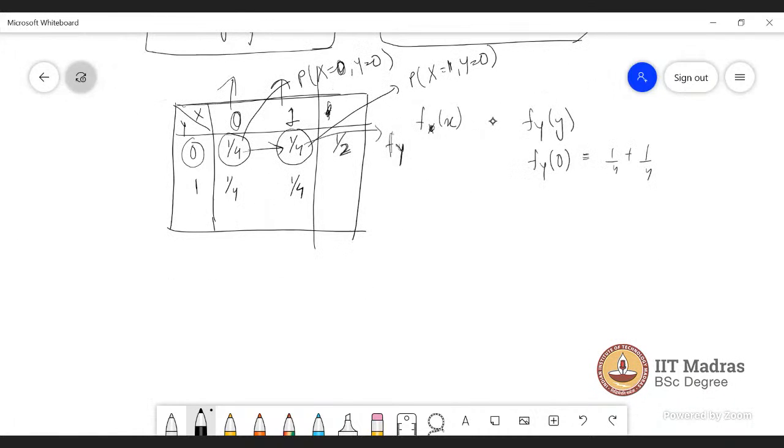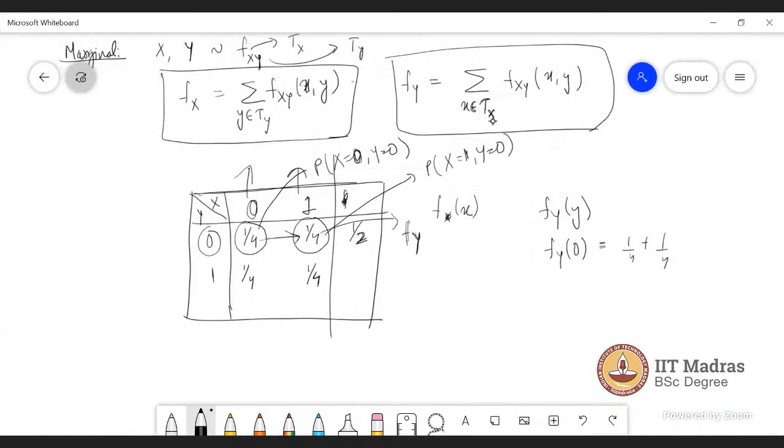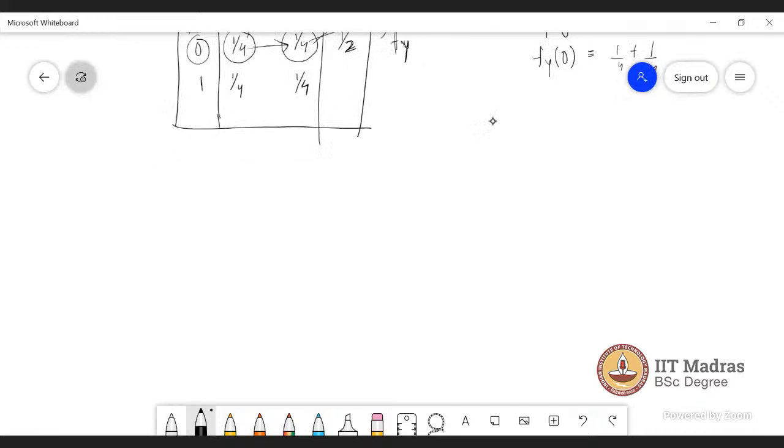Whenever you have to find the marginal of X, you sum it over the range of Y, and if you have to find the marginal of Y, you sum it over the range of X. Now the conditional PMF: the probability that X equals x given Y equals y is fxy of x comma y divided by fy of y.